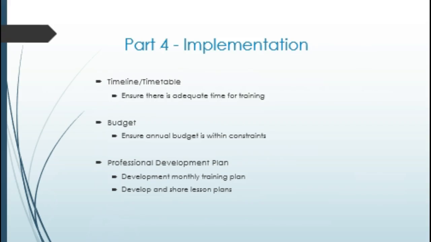Part 4 is actually the implementation, where we focus on the timeline, the budget, and the professional development plan. So for the timeline and timetable, we had to ensure that there was adequate time for training for the teachers and for the students. With the teachers themselves, in the previous school year was when Chromebooks were actually highlighted and brought into the school.